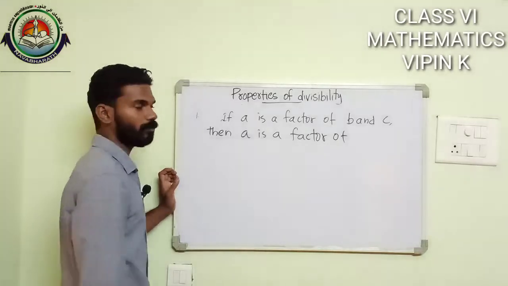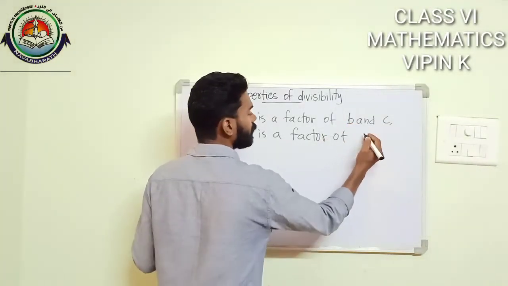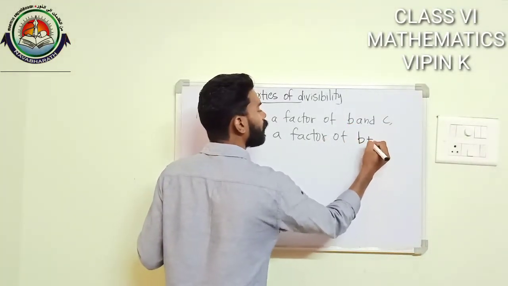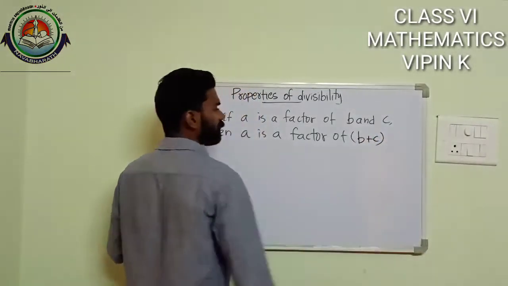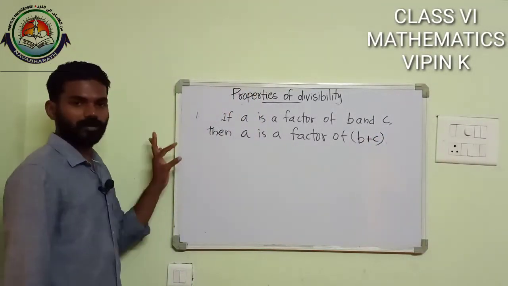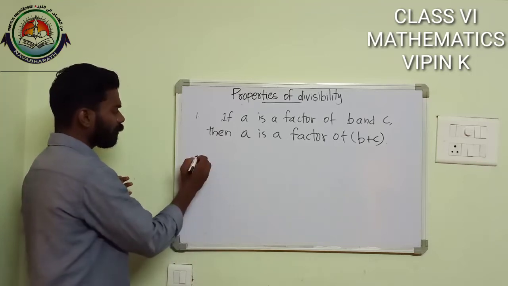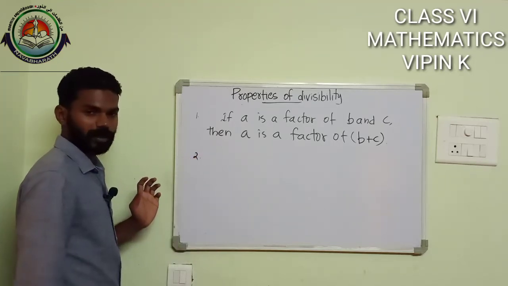Sum of which two numbers? Sum of B and C, which is B plus C. This is the third statement or third property. Now what about the fourth property? How can we write it?